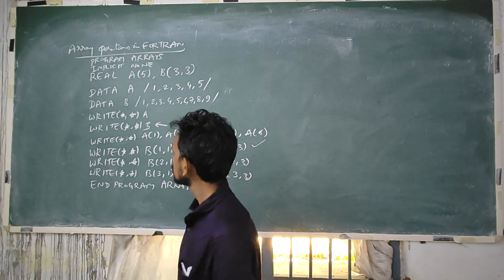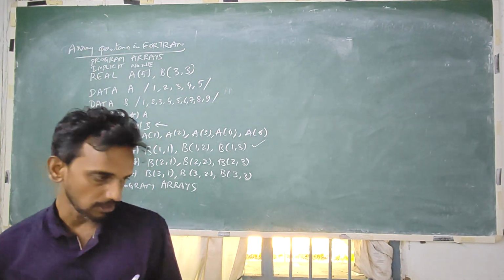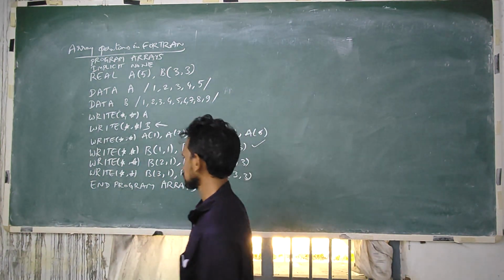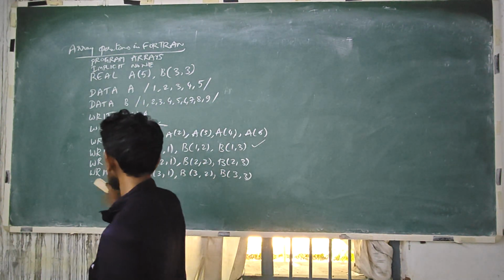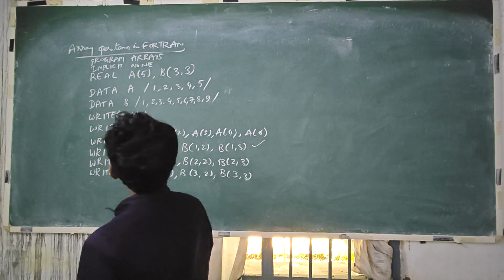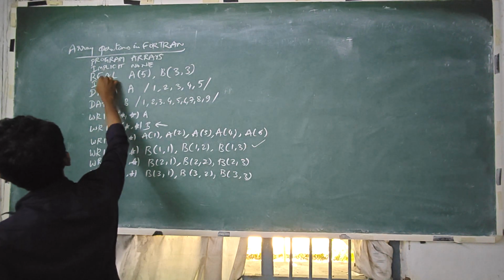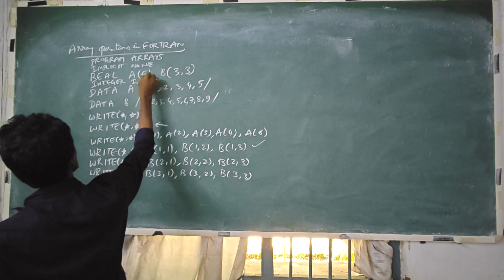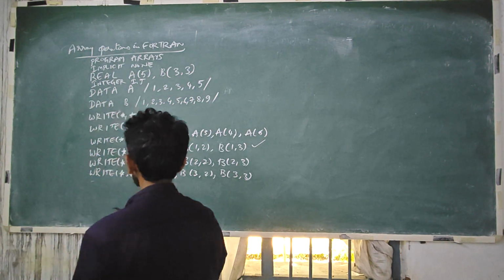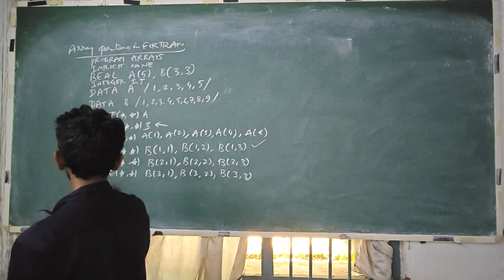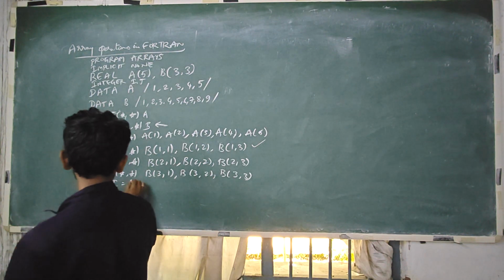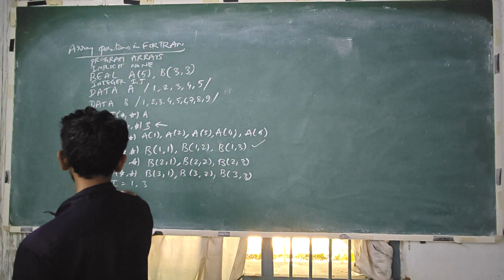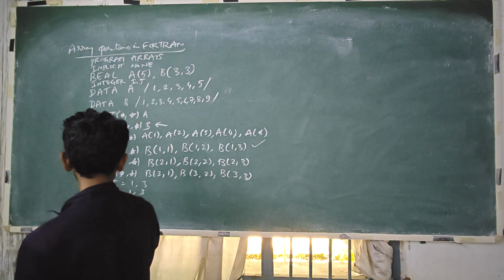Okay. So for that I will define 2 variables I and j as integers as loop indices. So I am defining integer I and j. So here I am writing a do loop. Do I is equal to 1 comma 3. Again do j is equal to 1 comma 3.